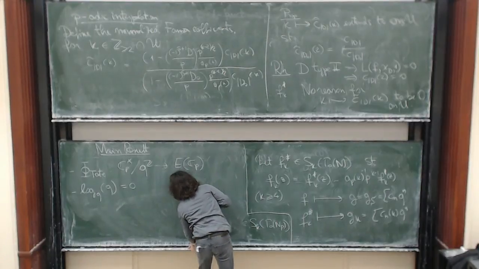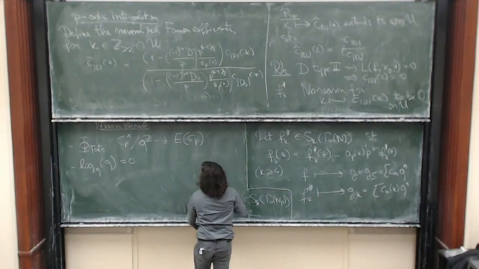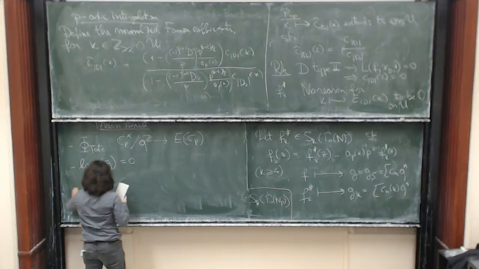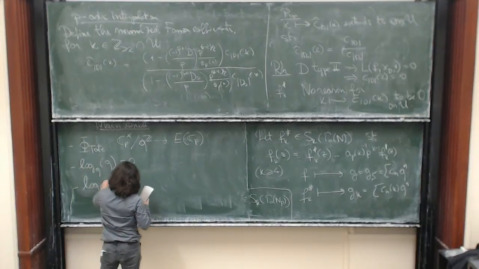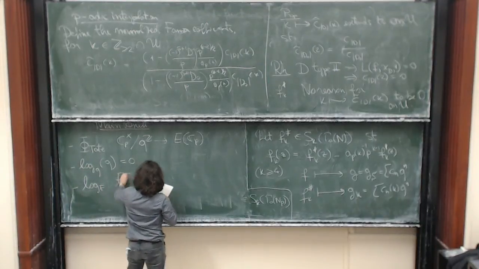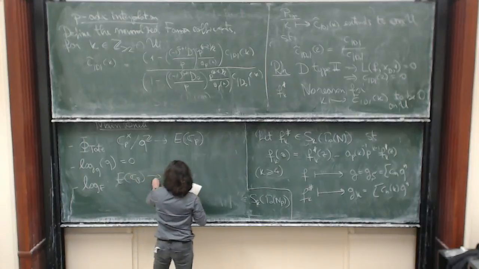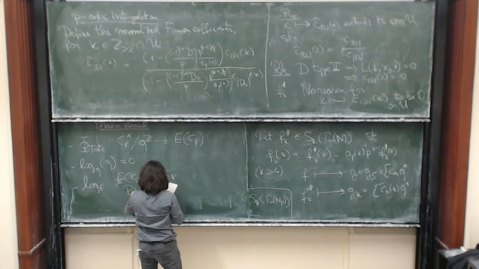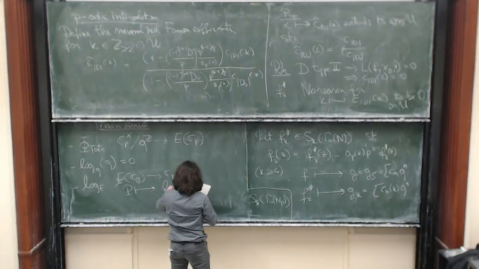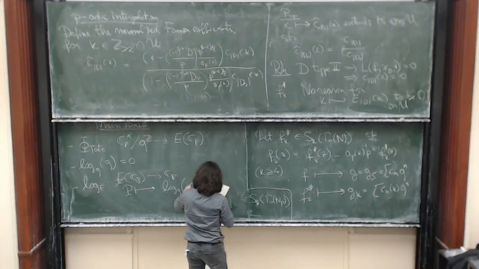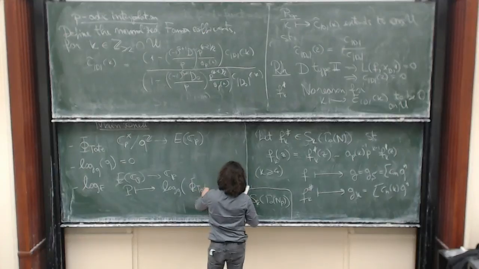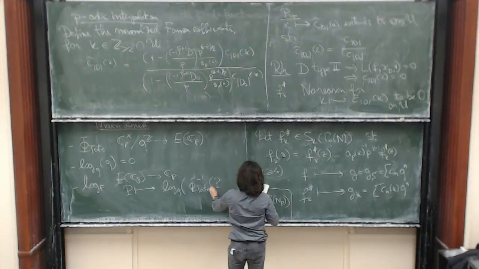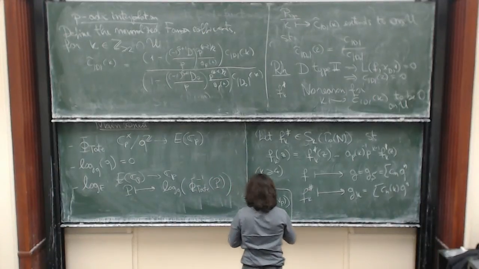And then we can define a logarithm on the elliptic curve, log E, on the Cp points of the elliptic curve, by taking a point P and evaluating log_q of phi Tate inverse of P. Okay?